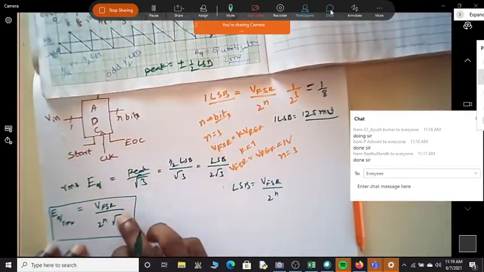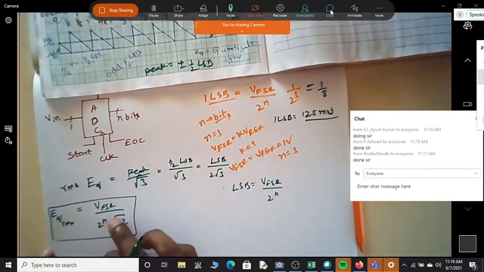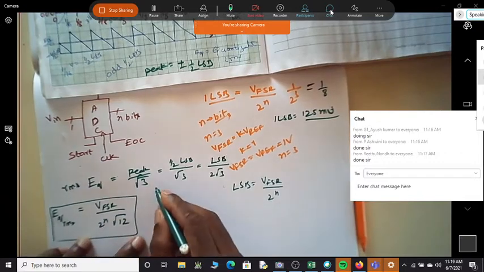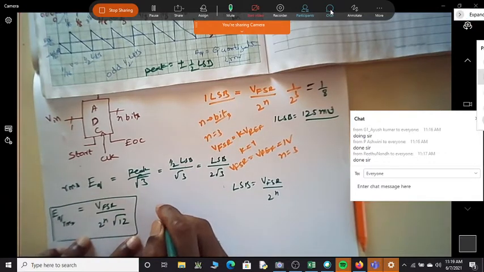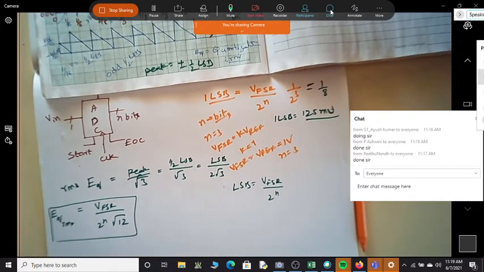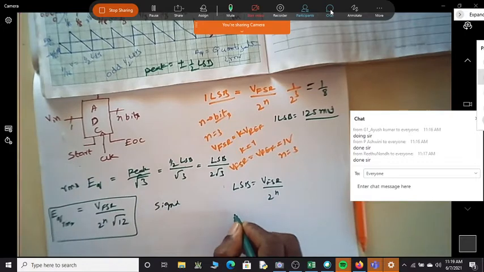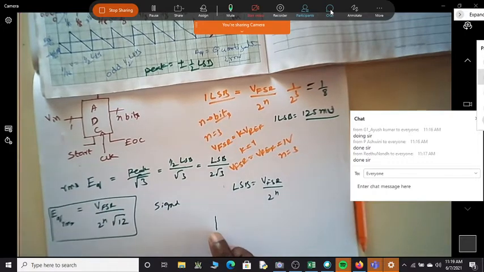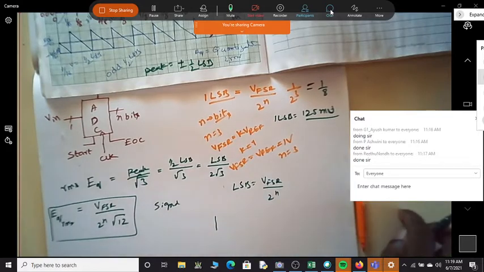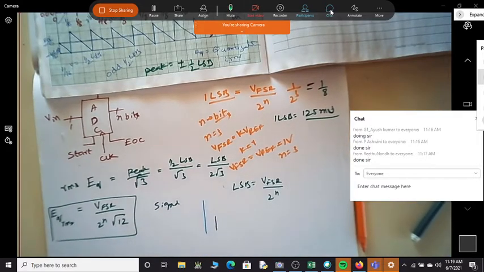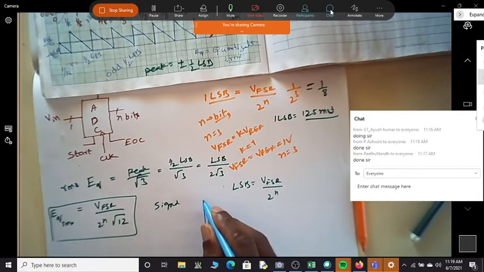So we have an error signal given by so and so, because we always talk about signal to noise ratio. Error is a magnitude. If you want to compare it, you have to always compare with a signal. Suppose you have one line, you don't know how big or how small it is. If you want to know what this line is, you have to have a comparison. Now I can say this green one is lesser than the blue.